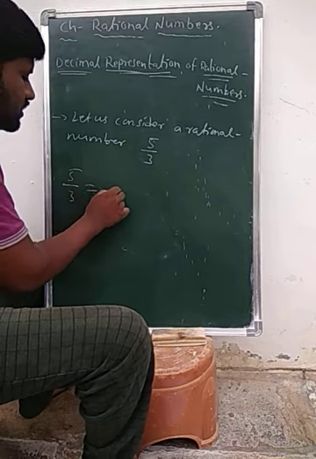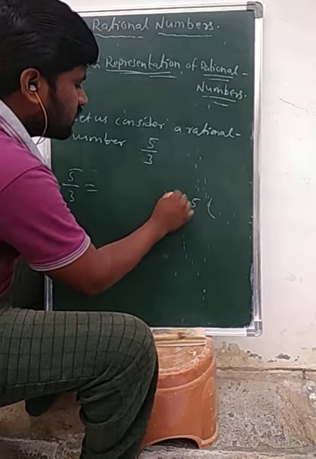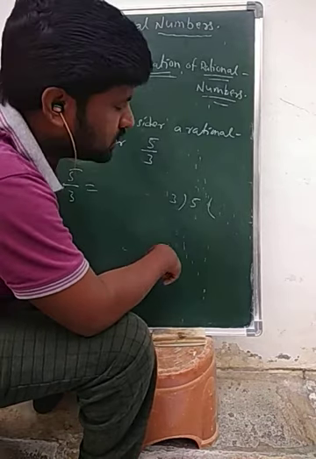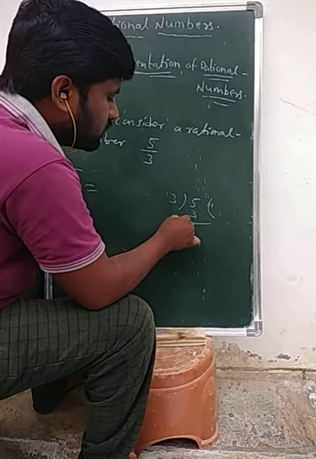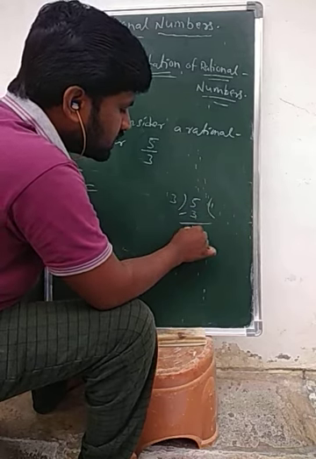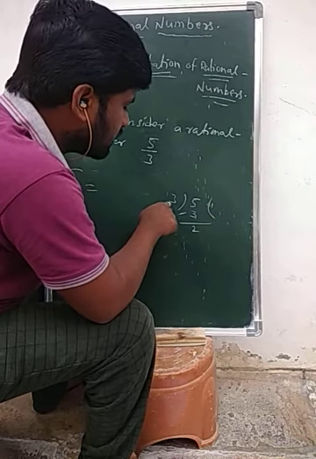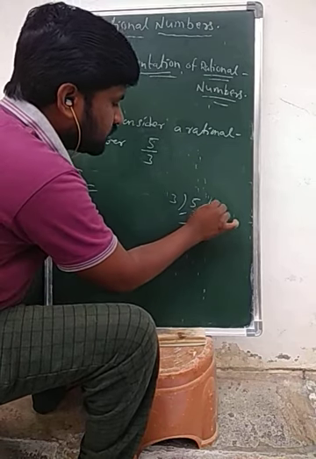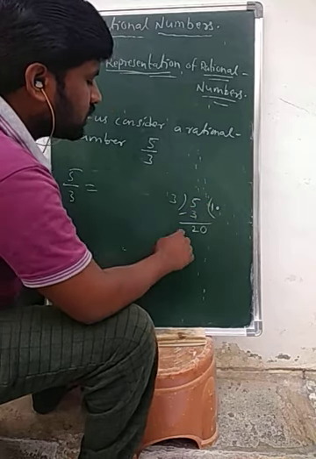First of all, you divide 5 by 3. By doing actual division, 3 ones are 3. 5 minus 3 is 2. This is small compared to the divisor, that's why you take your point, take 0.